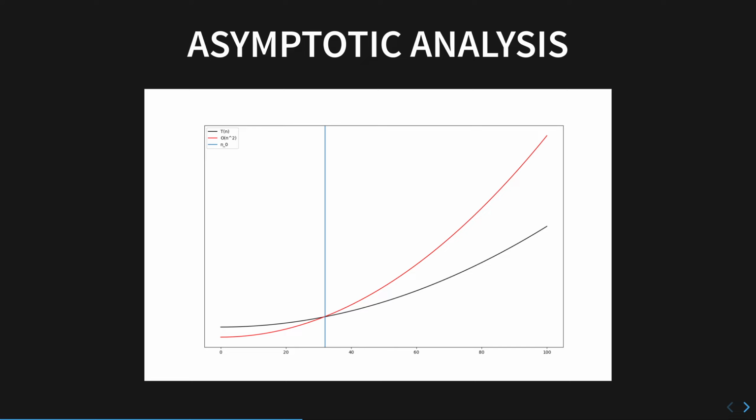So if the black line is the real time some algorithm takes, this asymptotic analysis says we want to find a function that operates as a category, in this case n squared.